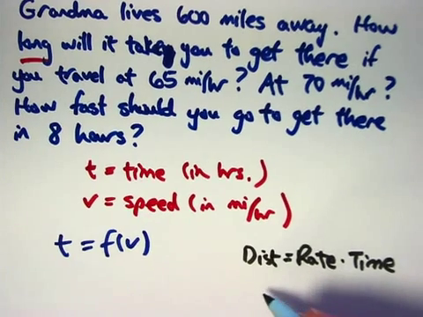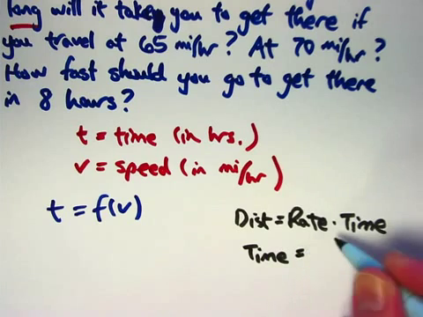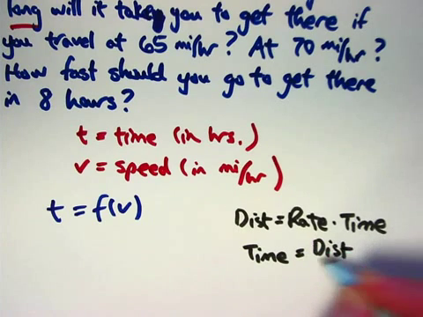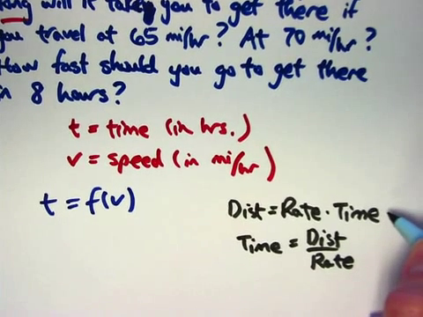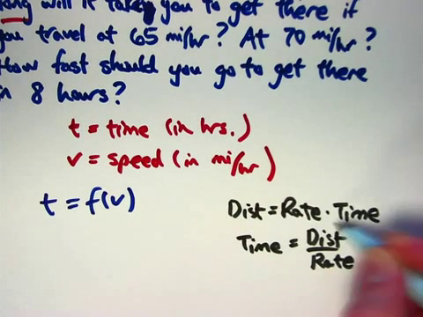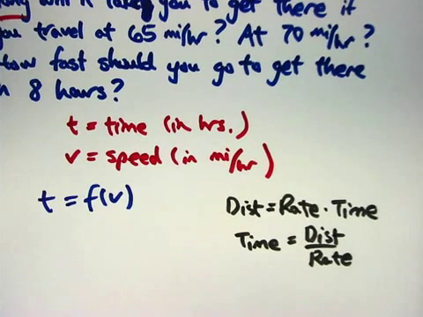So therefore, time at constant speeds, constant rates, is distance divided by rate. Just divide both sides of this equation, where the variables are really words or abbreviations of words, by the rate to get the time as a function of the rate. And we use that here.